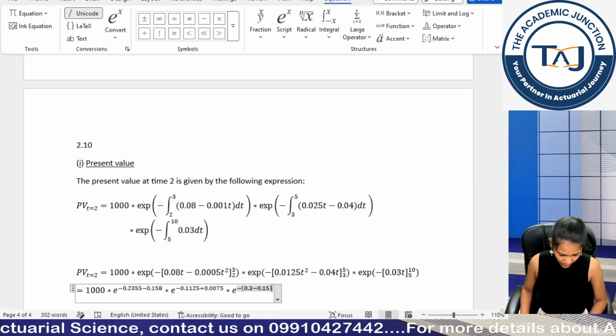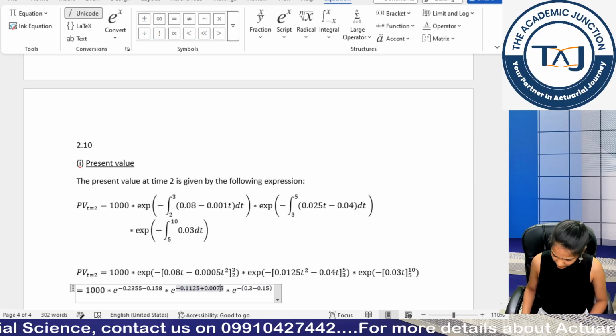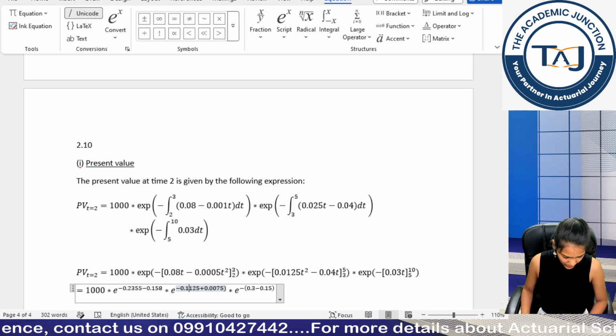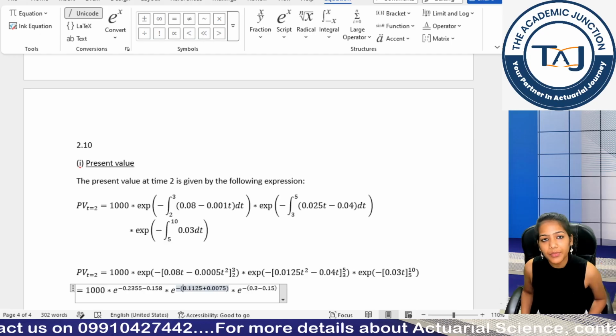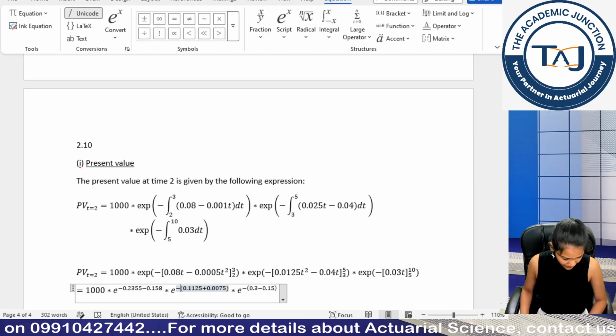Cool. Now we have missed brackets here, so we can use the arrow keys to move throughout this equation, or we can simply use the mouse. Okay.